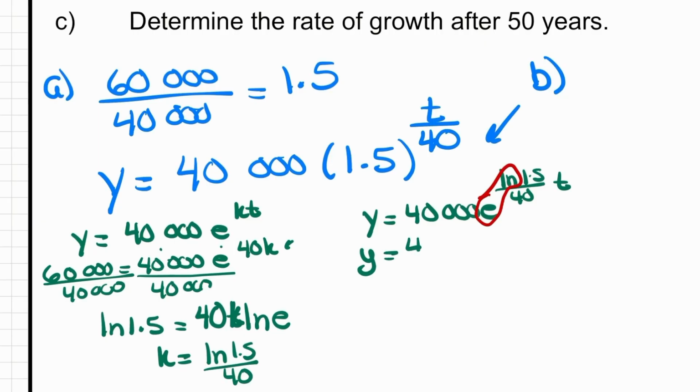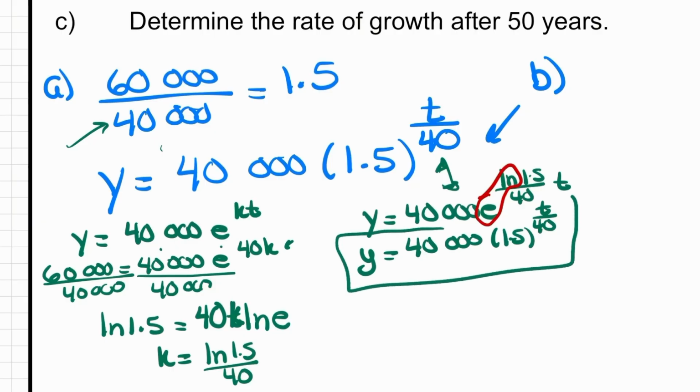So we end up with 40,000 times 1.5 raised to the power of t over 40. So we got to the same point. We just did it the calculus route rather than just getting the proportion. However you got to that equation, that is the equation that we need for part B.